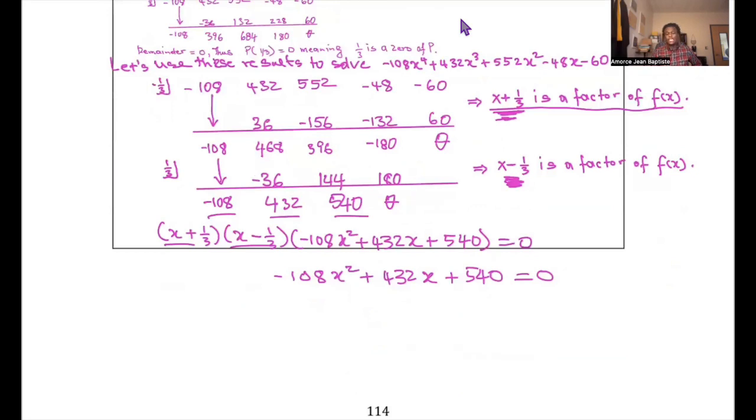Now we're going to solve this equation to find more zeros, if any, and all of them together will be the solution of this equation. So we can divide every term by -108.